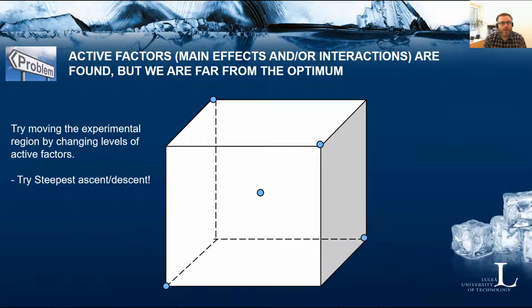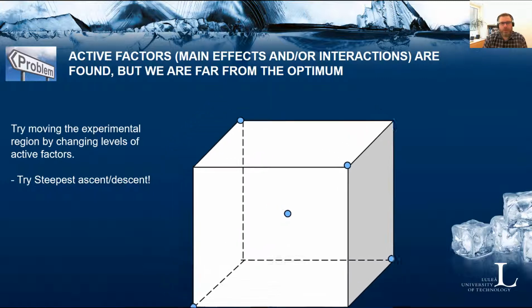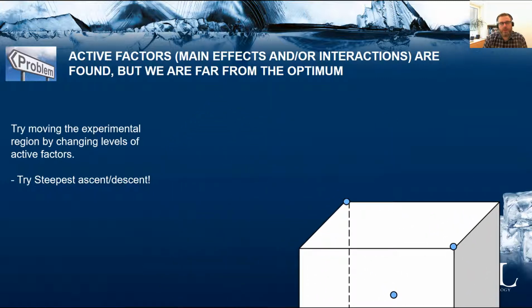And we need to do that by changing the levels of the factors, of the active factors especially. There is a method for this that we can use, the method of steepest ascent or descent, depending on whether we're trying to maximize or minimize the response. But we want to move the experimental region somewhere closer to the optimum area, if possible.